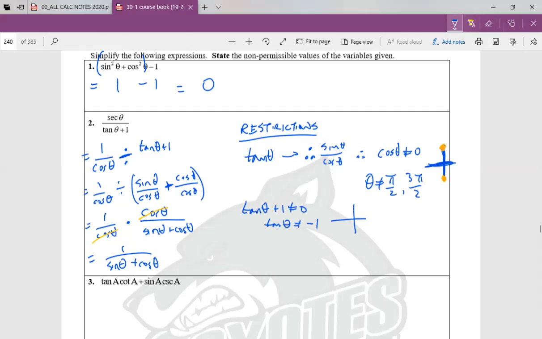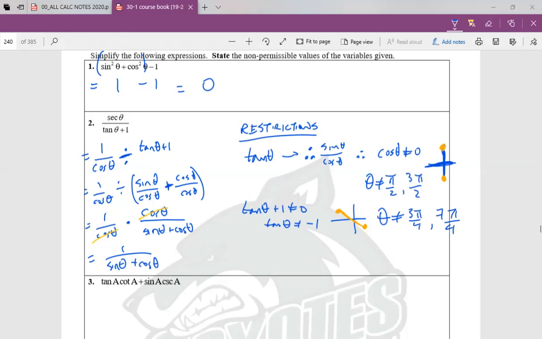That ends up happening in the pi quarters in quadrant 2 and 4. So therefore we have the fact that theta cannot equal 3 pi quarters, nor can it equal 7 pi quarters.